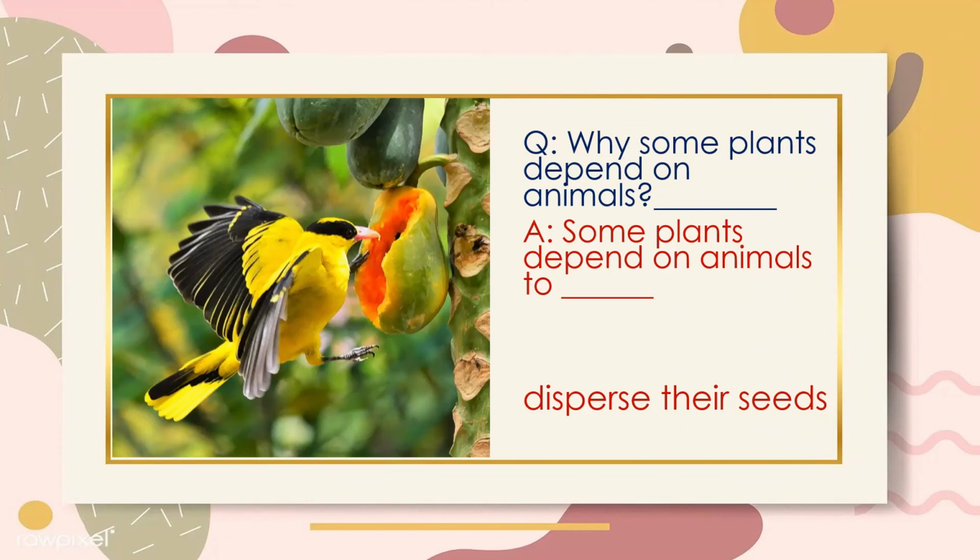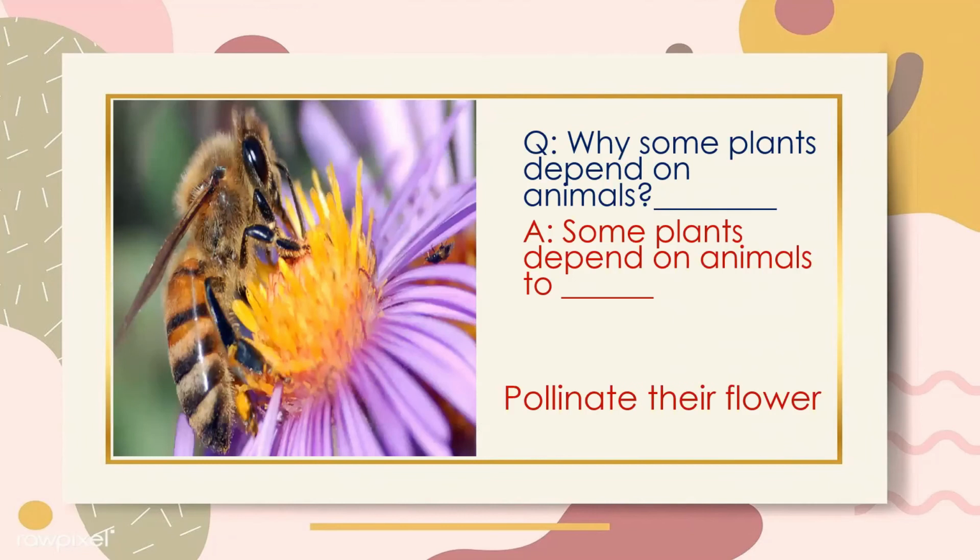Some plants depend on animals to, look at the picture, disperse their seeds. Next, why do some plants depend on animals? Look at the picture. Some plants depend on animals to pollinate their flower.